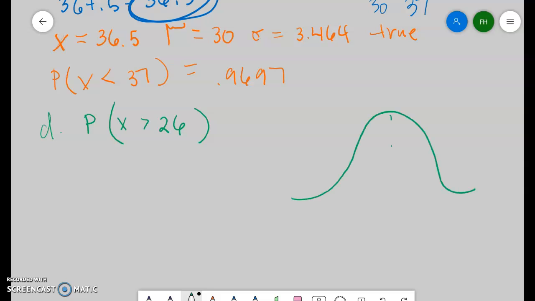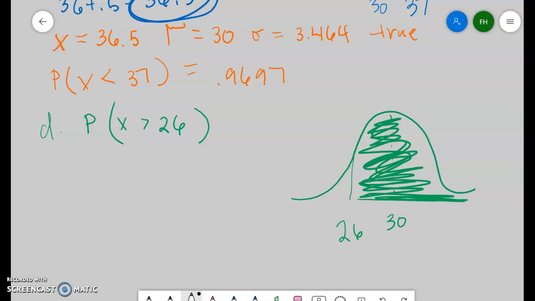So here is our mean, and our mean is 30, and 26 would be somewhere over here. Here we want greater than 26, so we would want to shade to the right.